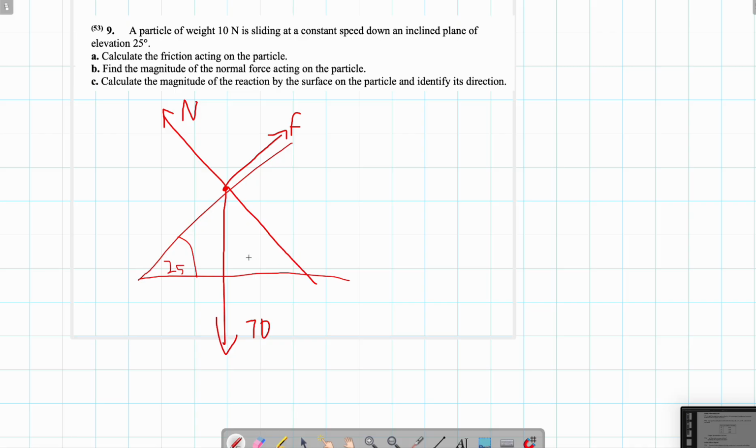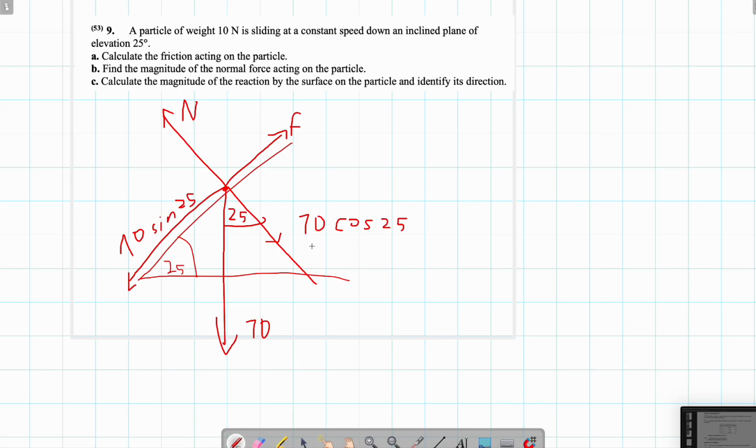But we need to project the weight since it's not parallel to the axes. So here we also have 25. This means this would be 10 cosine 25, and this would be 10 sine 25.